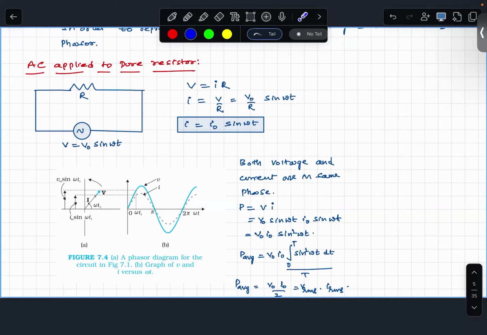Now the question is, in this loop, this is the source, a function generator. The symbol for an AC source is like this. This is actually a function generator.